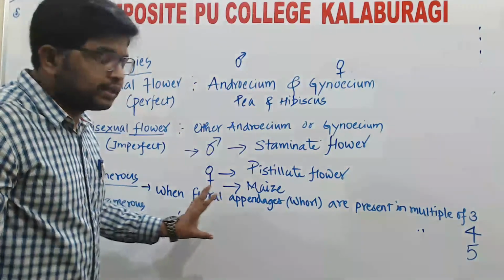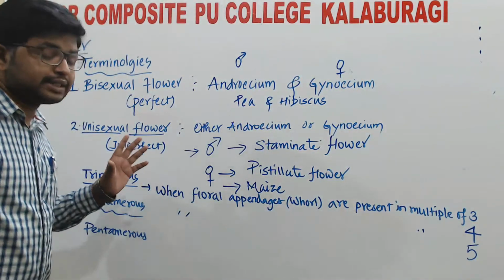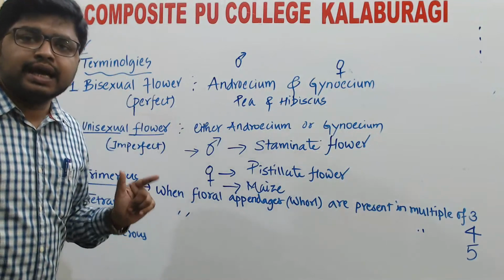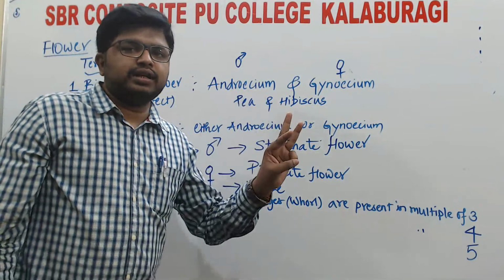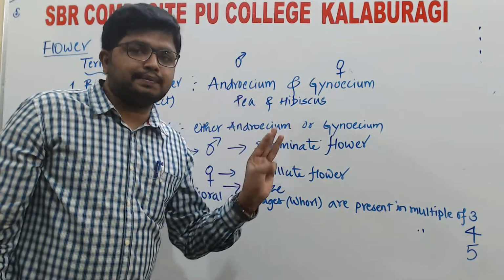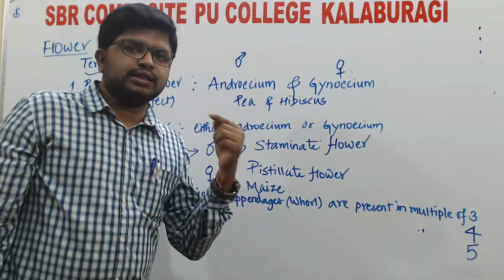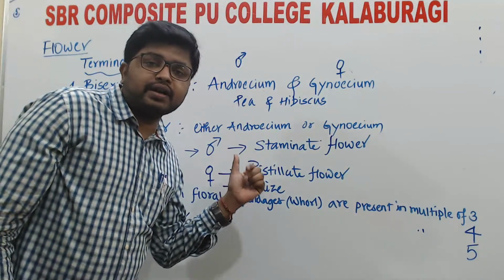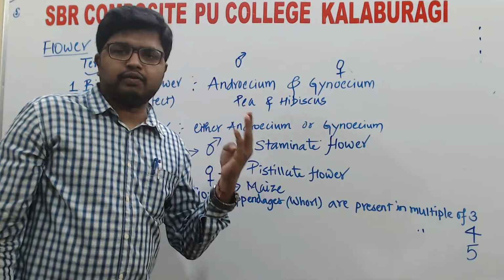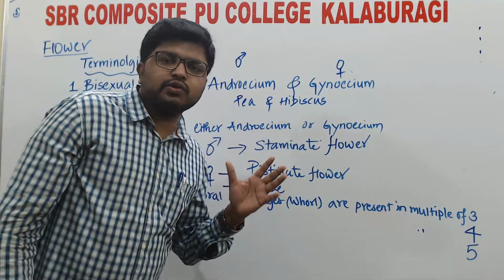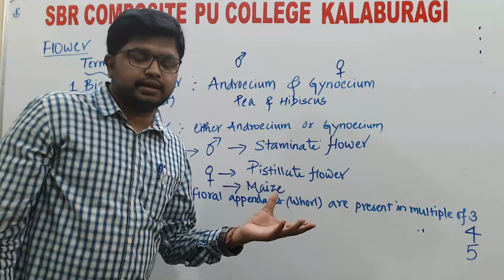So these are the names you should remember. When I say trimerous flower, you should immediately understand that there are 3 petals or 3 sepals. When I say tetra, 4. When I say penta, 5. This is how you should recognize it.